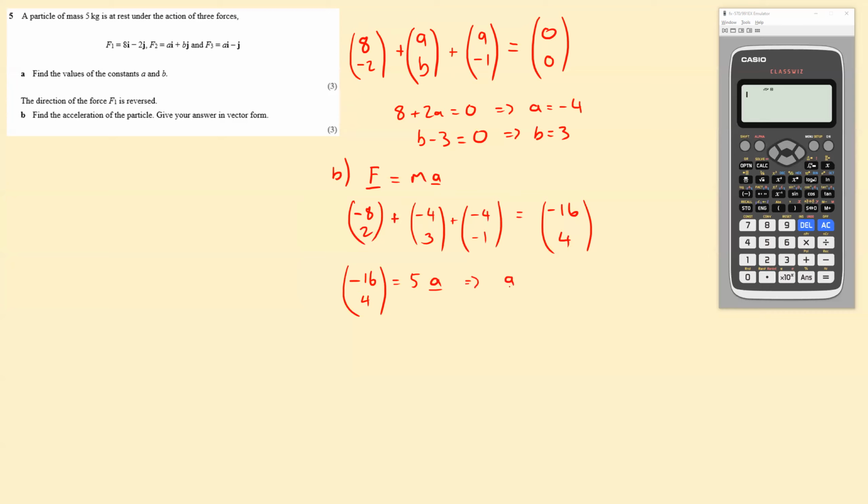So acceleration is equal to, and let's give it in vector form here, it says, minus 16 over 5 i plus 4 over 5 j. And that's it. Again, any questions, just let me know, and I will get back to you on those.